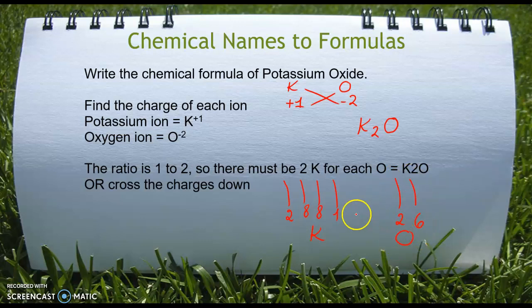So you can see that each potassium atom can only lose 1 electron, and oxygen can gain 2 electrons. So actually oxygen cannot take only this 1 electron from potassium, because this is not gonna make oxygen stable. So oxygen needs 2 electrons.